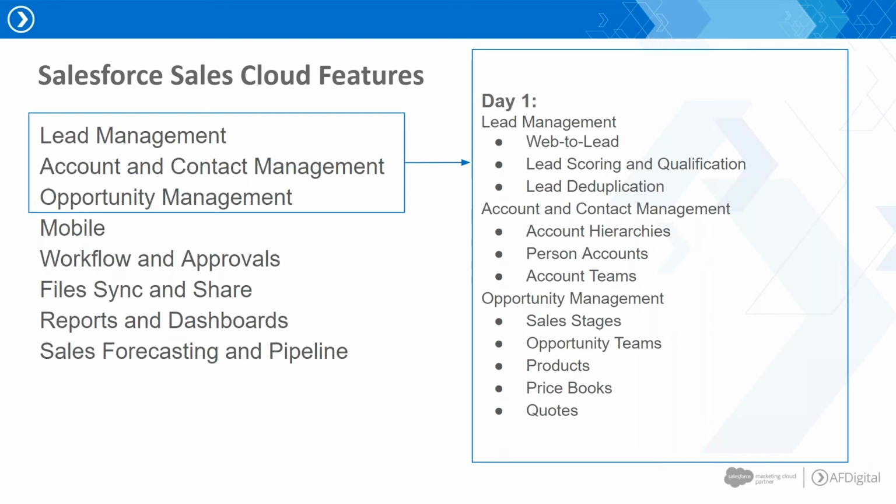Okay. Next one is account teams. Account teams is a team of users who work together on an account. This is used to track collaborations on accounts. For example, there are a few users working on that account, which includes the sales rep, sales manager, and the pre-sales consultant.